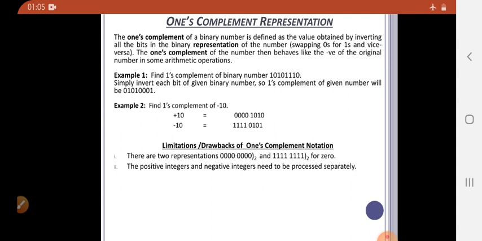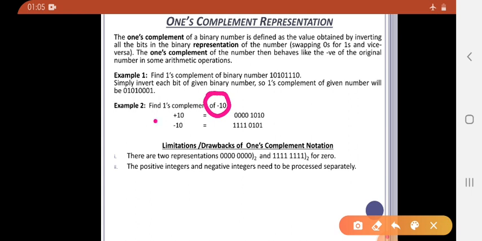As you can see, -10 is given, but I have written here the +10 value, that is 0000110. And after that, convert it by 1's complement. 0 is converted into 1, 0 is converted into 1, 1 is converted into 0. So the new answer will be 1110101. So this will be your -10 value.